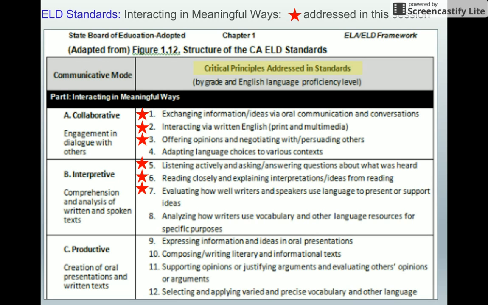And here's the interpretive: to read closely, to listen actively, to evaluate, and finally, what will the students be producing? What's the productive? And that's expressing information and composing and writing about the informational text.